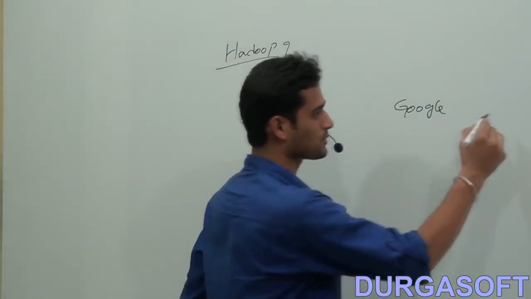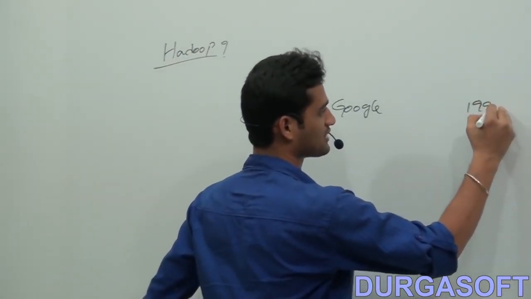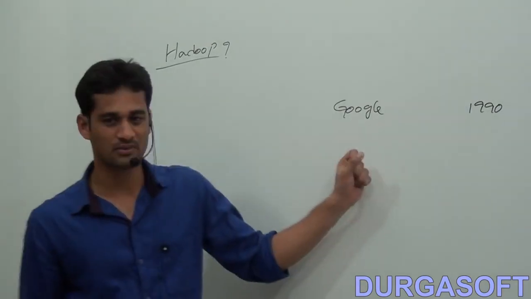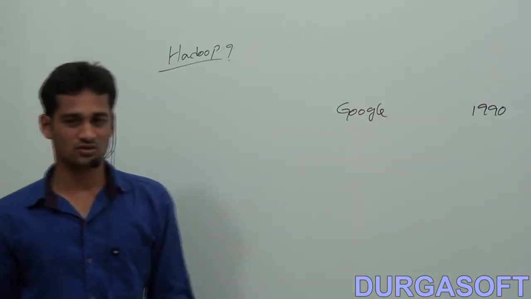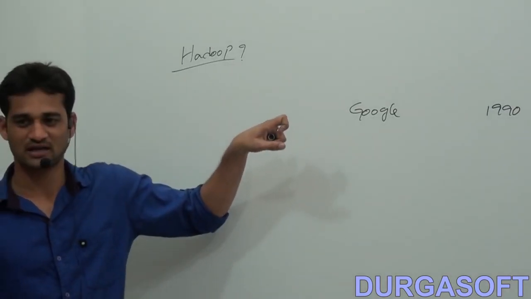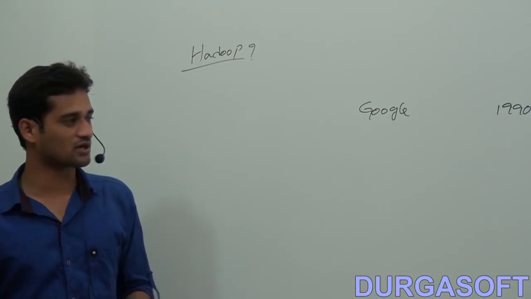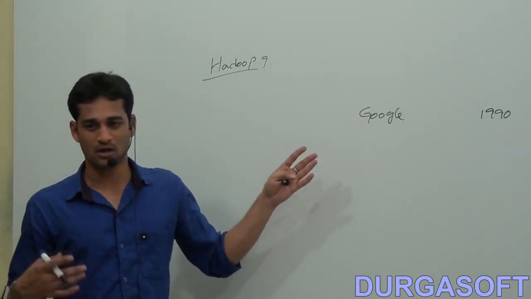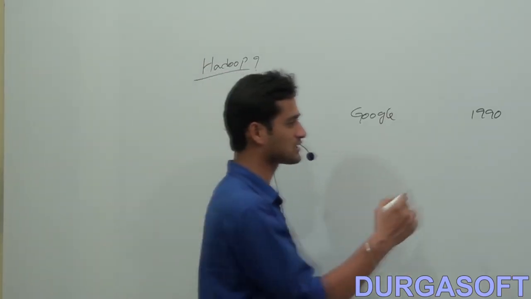As these Google people did great work in the 1990s, they had to come up with more data. At that time they started thinking about how to store that much huge data, where to store it and how to process it. To get a proper solution for that, it took them 13 years.